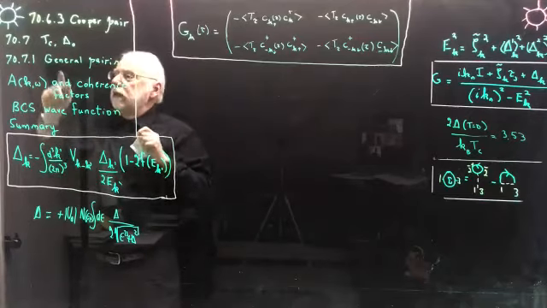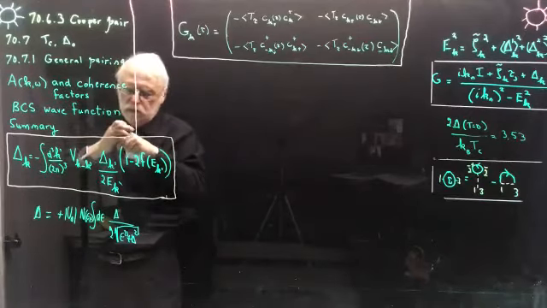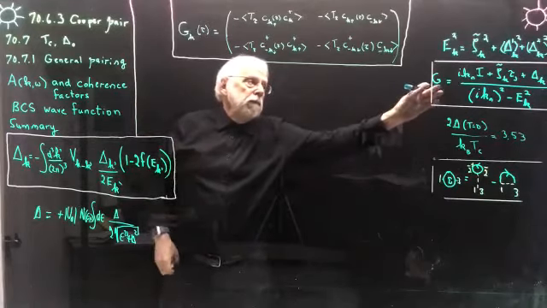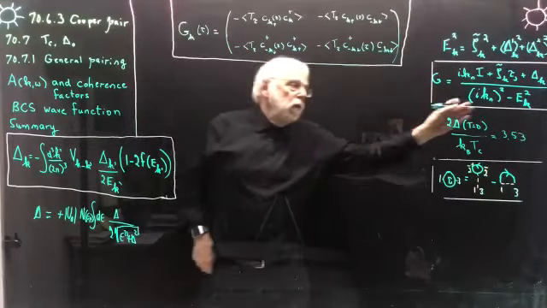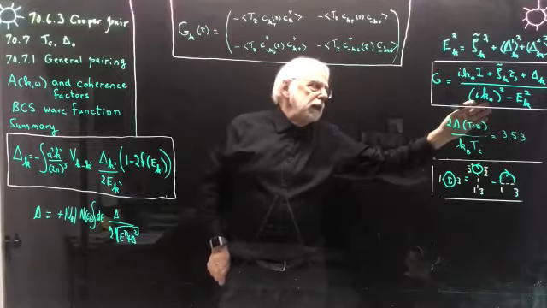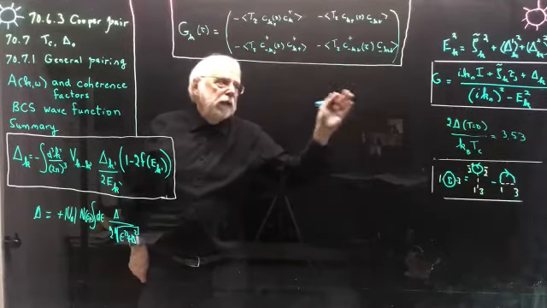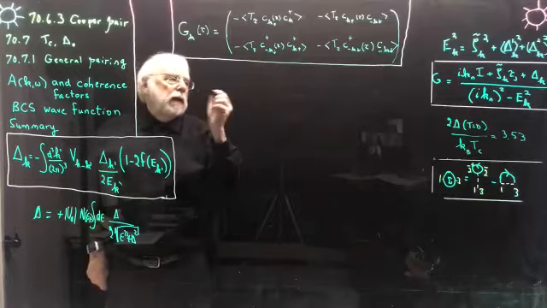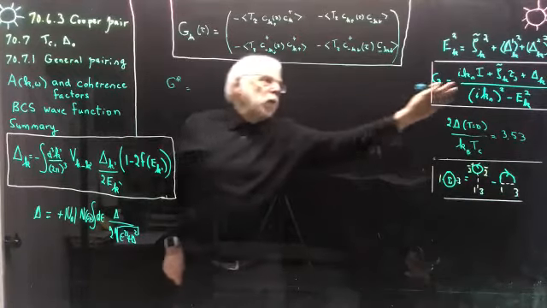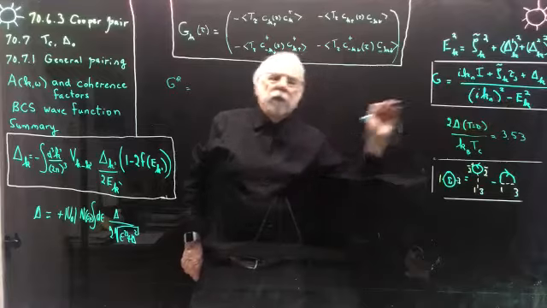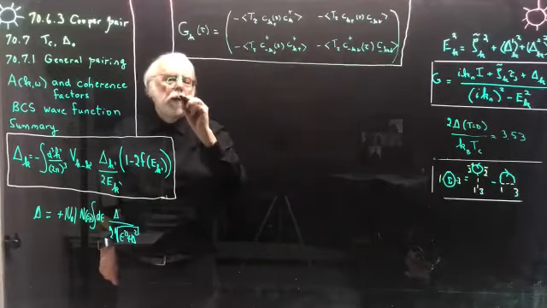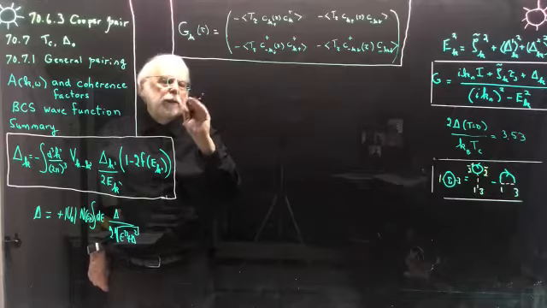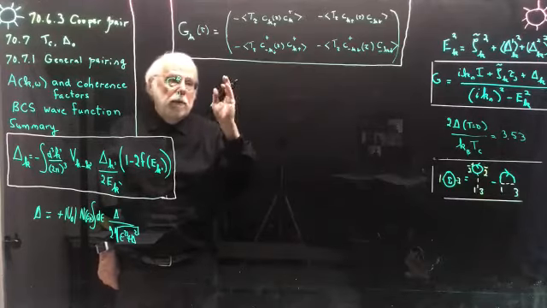What do I mean by these coherence factors? Well, take this Green's function, analytically continue to the real axis, and then take the imaginary part. You see that the G retarded has omega here and these denominators. So let me take just the 1,1 component that corresponds to a spin up, that corresponds to C dagger up.